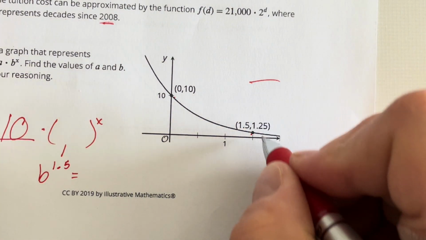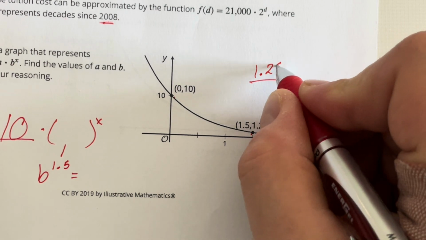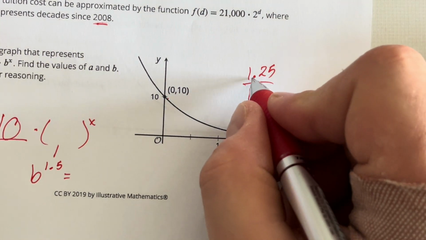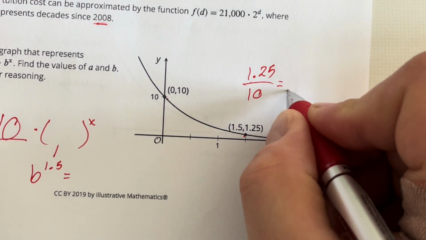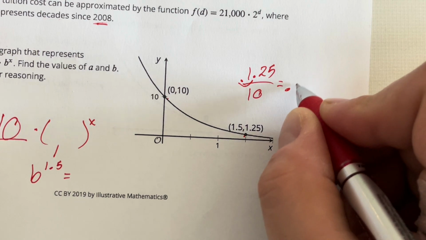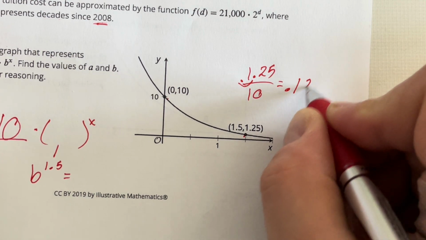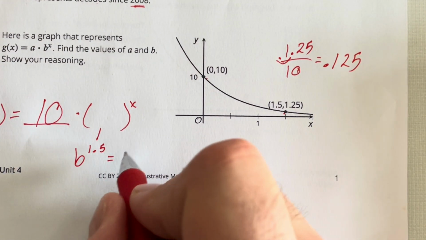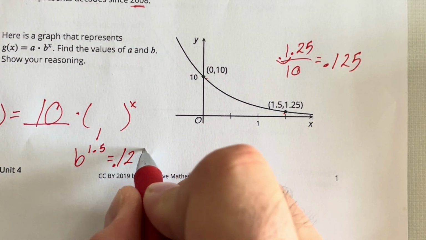Well, if we do our new 1.25 divided by the old of 10, that's just a decimal shift. So if we divide it, it moves over 1, so 0.125.